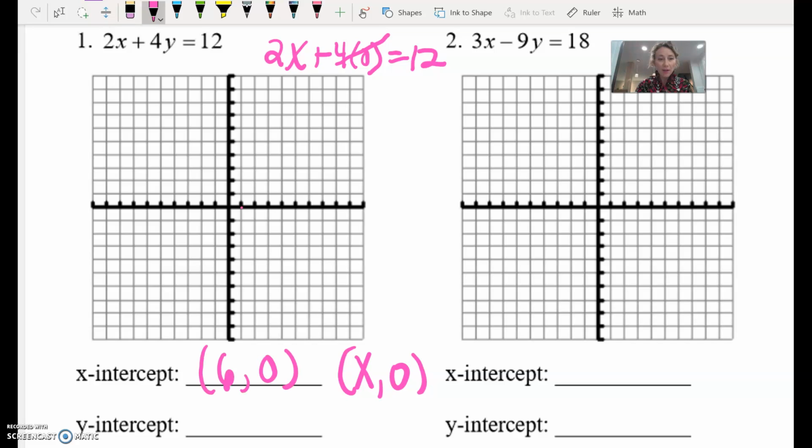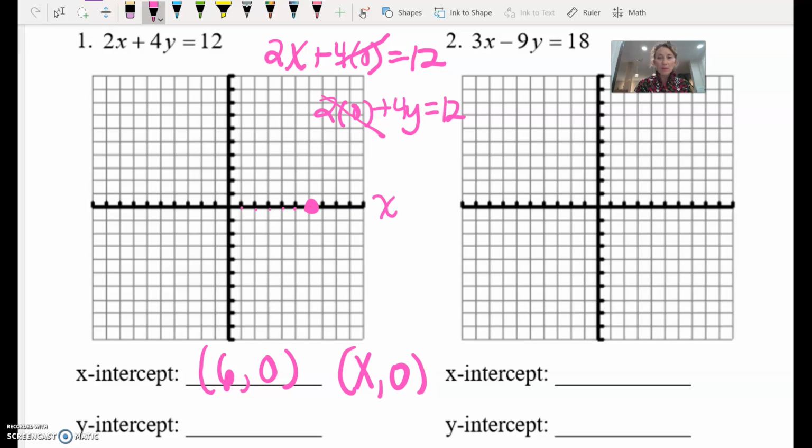And I'll plot that 1, 2, 3, 4, 5, 6 on the x-axis. Remember, x goes this way. I do the similar work for the y-intercept by plugging in 0 for x. The work for that says 2 times 0 plus 4y equals 12. And 2 times 0 cancels out, and I have 4y equals 12.